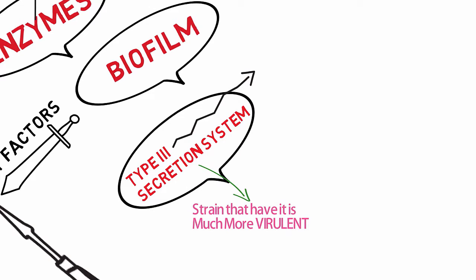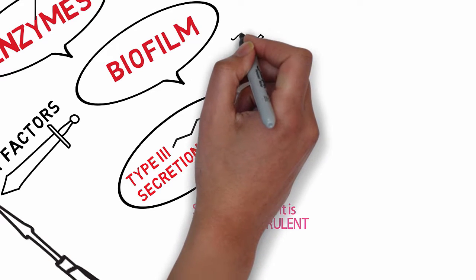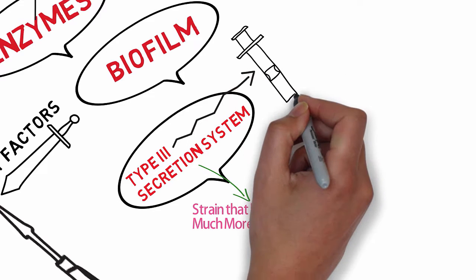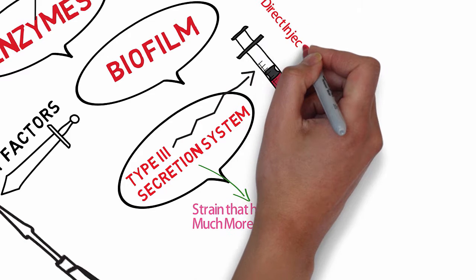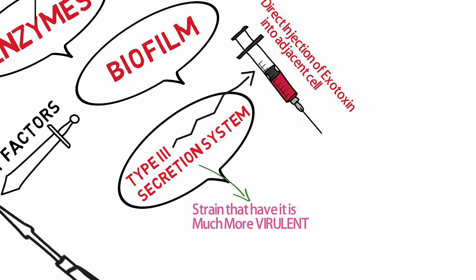What exactly does the type 3 secretion system do? This system transfers the exotoxin from the bacteria directly into the adjacent human cell. The significance of the direct injection of exotoxin lies in the fact that it allows the toxin to avoid neutralizing antibodies.